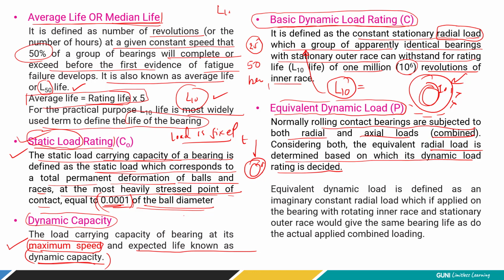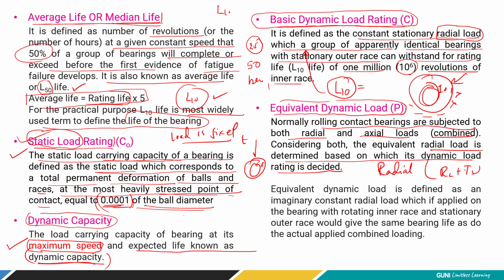So let me put it in a different way, right? Let's say this is the radial load RL. Let's say this is the thrust load. Now if you can find an equivalent radial load, I convert the effect of the thrust load in terms of radial load and simply take only one component of radial load, which is the combined effect of pure radial load plus the thrust load.